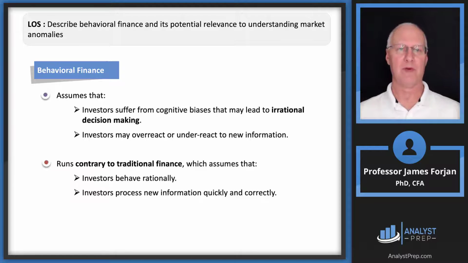So behavioral finance is based on the notion that investors are just normal, regular people. Let me go ahead and explain that. I gave you a couple of names here, right? Harry Markowitz, Modigliani and Miller, William Sharpe, Eugene Fama. They all relied on the notion that investors are rational.